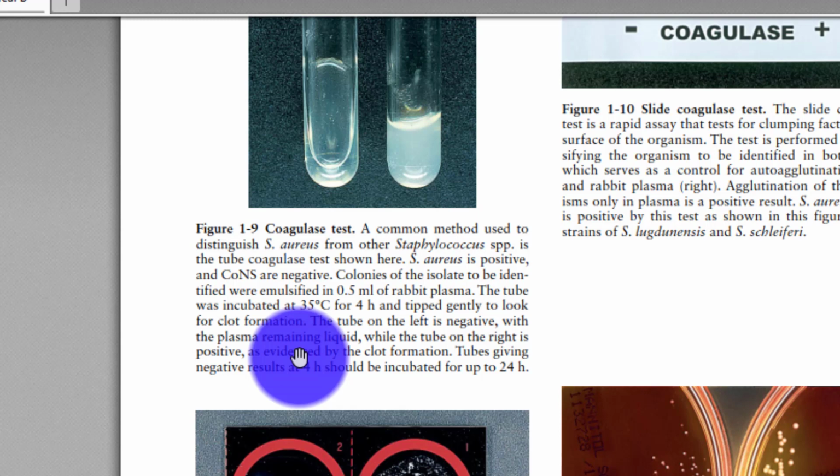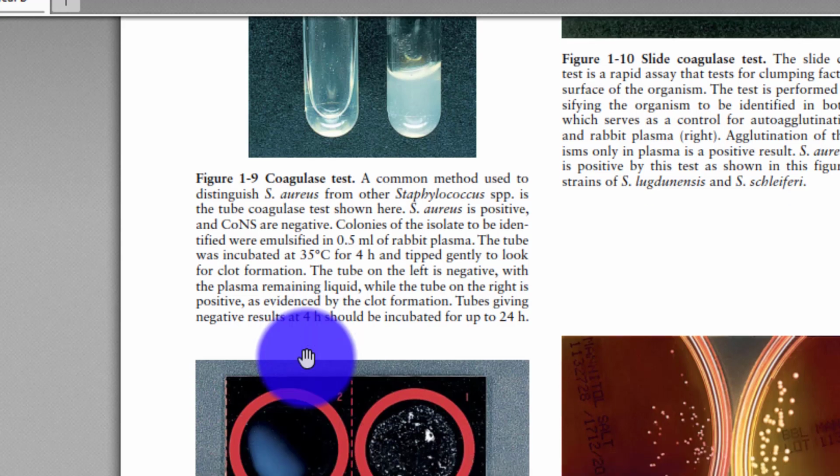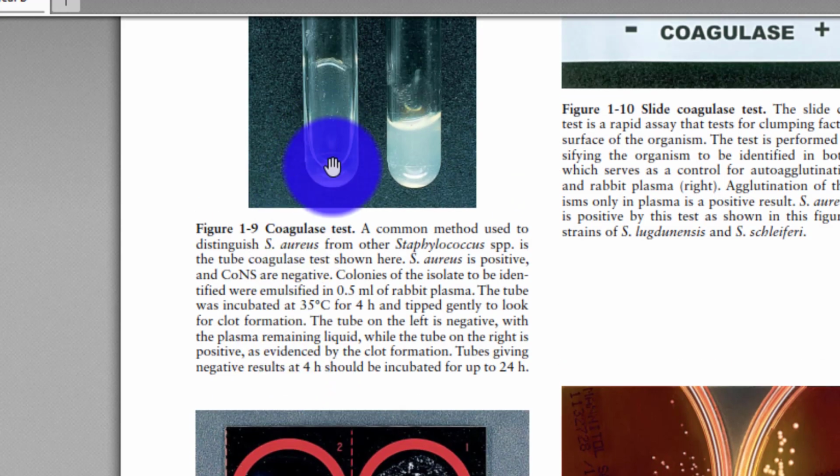The tube was incubated at 35 degrees centigrade for 4 hours and tipped gently to look for clot formation. The tube on the left is negative, while the tube on the right is positive, evidenced by clot formation.